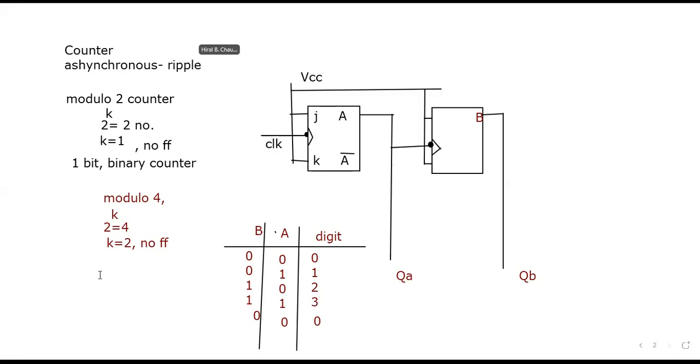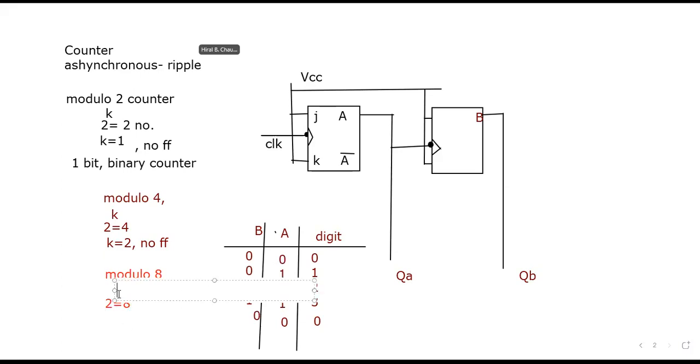Suppose it is modulo 4. Suppose I'm asking for modulo 4. If it is modulo 4, ripple counters are very easy. If it is modulo 8, then we have to find out the k value first. So 2 raised to how much would be equal to 8?